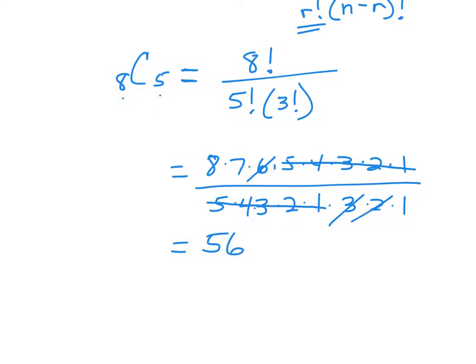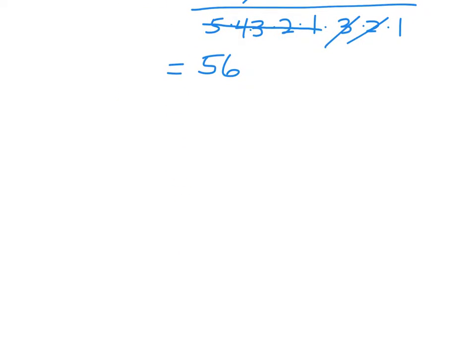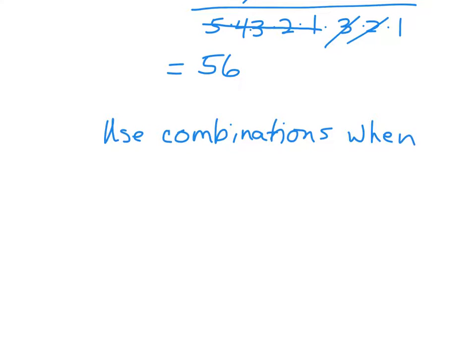Right, hold on. So when do we use combinations? Well, you can probably guess now. So let's write this into our notes. Use a combination when 2 conditions are met.